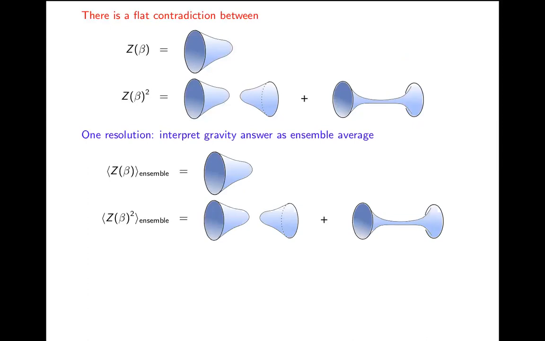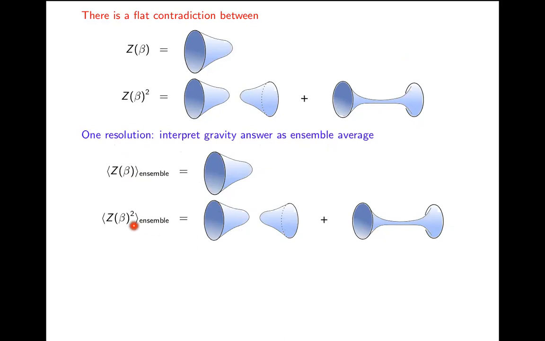One resolution, the current way of thinking about this, is that you're supposed to interpret the gravity answer as not computing a particular Z(β), but computing an ensemble average of Z(β)s. So the first diagram here should be interpreted as computing an ensemble average of Z(β), and the second line here should be interpreted as computing the ensemble average of Z(β)².